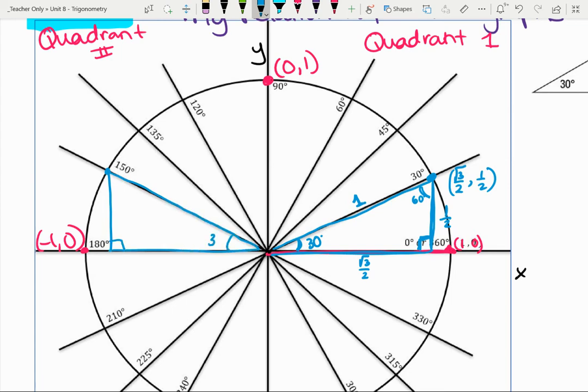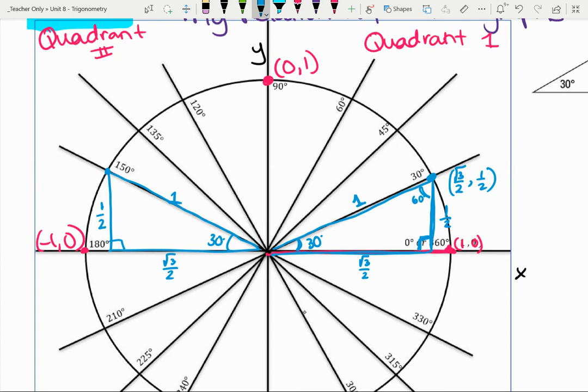So again, I've got the same 30 degrees. I've got the same hypotenuse. And what you remember from triangle similarity in geometry is that if I have the same sides and the same angles, right, I'll have the same triangles. So this triangle over here also has a height of 1/2, and it also has a long leg length of square root 3 over 2.